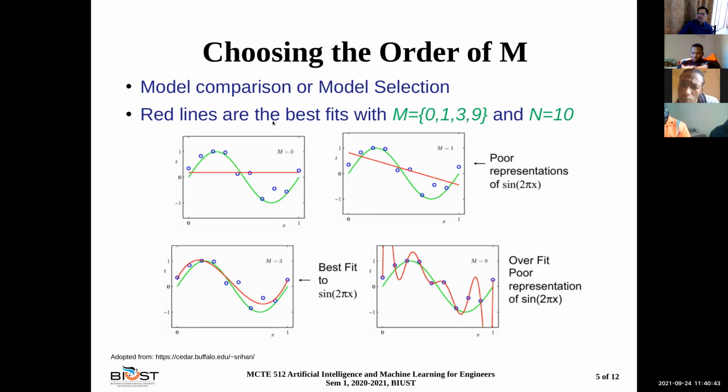And then we have the red lines as the estimates of our polynomial function. We ask what polynomial function will be a good estimate of the data.